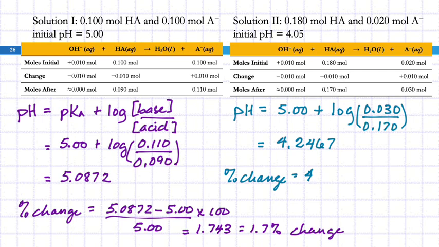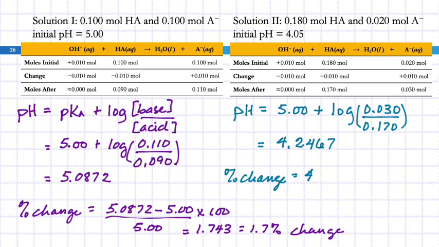I think I did something wrong. I'm adding hydroxide. Oh, never mind. This was the initial pH. Okay. I was like, wait, it went down. No, the initial pH was lower. Okay, phew.